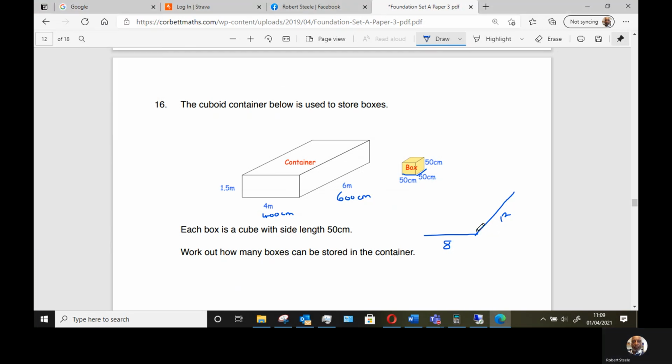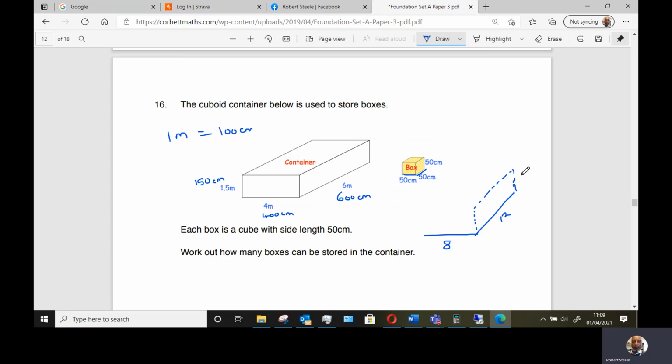And 50 centimeters goes into 150 centimeters. So I should also point out that I'm relying on the knowledge that 1 meter equals 100 centimeters.